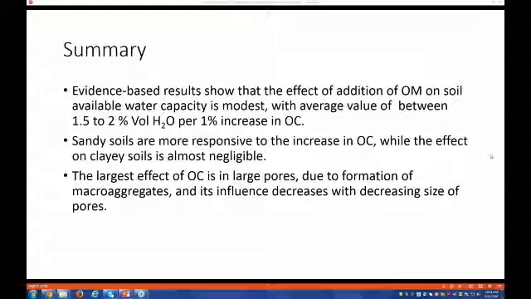But under what condition? Rarely is your soil, especially in Australia, in a condition where you have saturation all the time, or where you have water at field capacity.